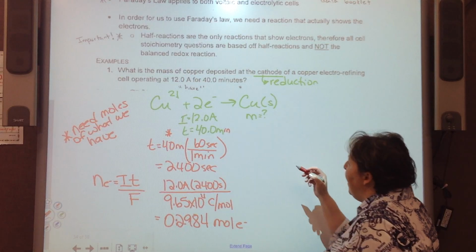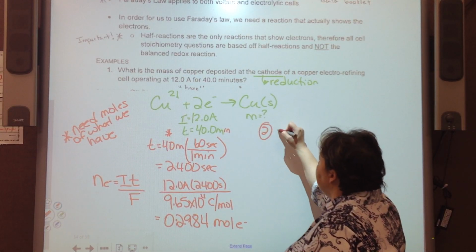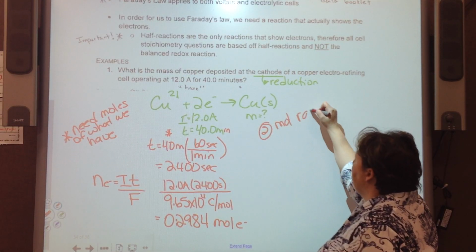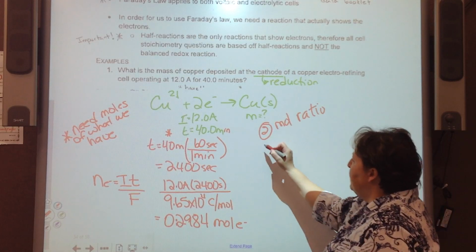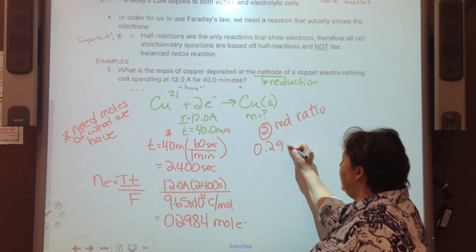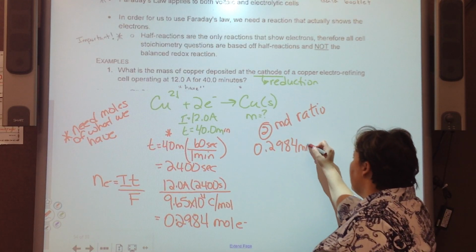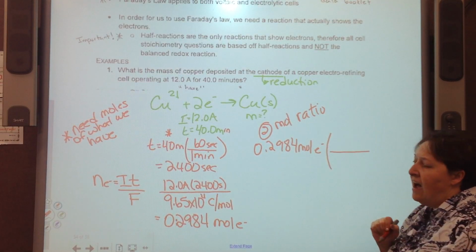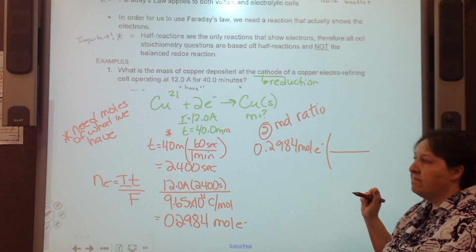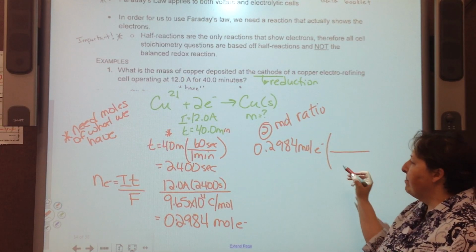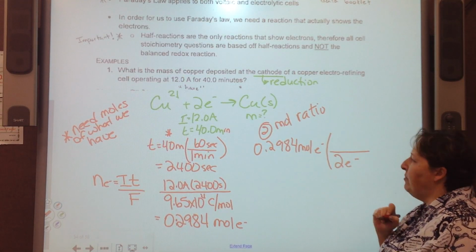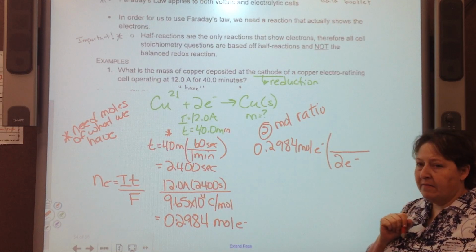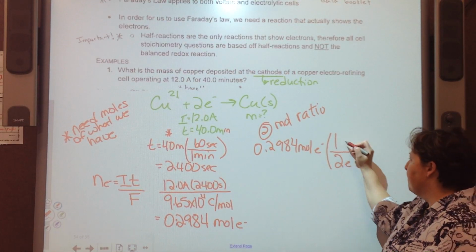As always, we now look at mole ratio. So we have 0.2984 moles of electrons. How many electrons do we have in the reaction? 2. And how many moles of copper do we have? 1.